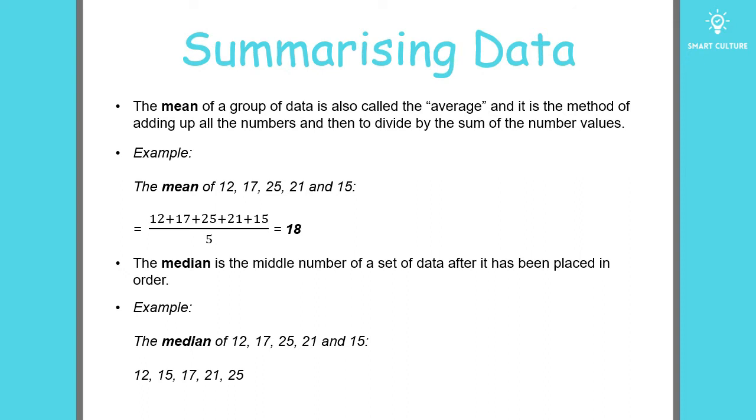So what we have to do first is rearrange the data in a specific order. In this case, we arranged the data from the smallest value to the largest value, and then you have to determine the middle value, which in this case will be 17. So that is equal to the median.